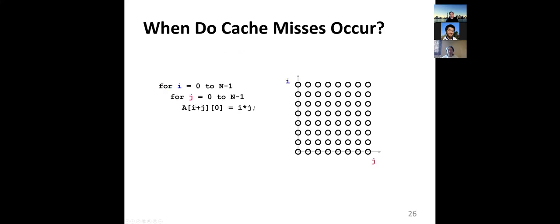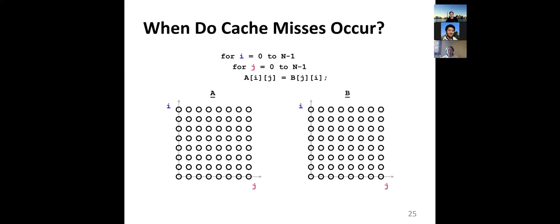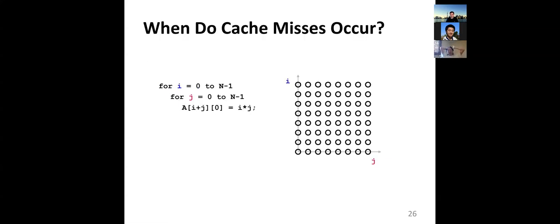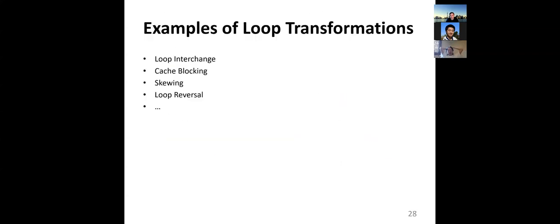To understand that, let's look at simple examples where we understand how the misses occur. So this is, for example, i plus j as the top index, and the inner index is 0, and this equals i j. So what's going to happen, when is the cache miss going to happen? Sorry, something happened with my animation here.